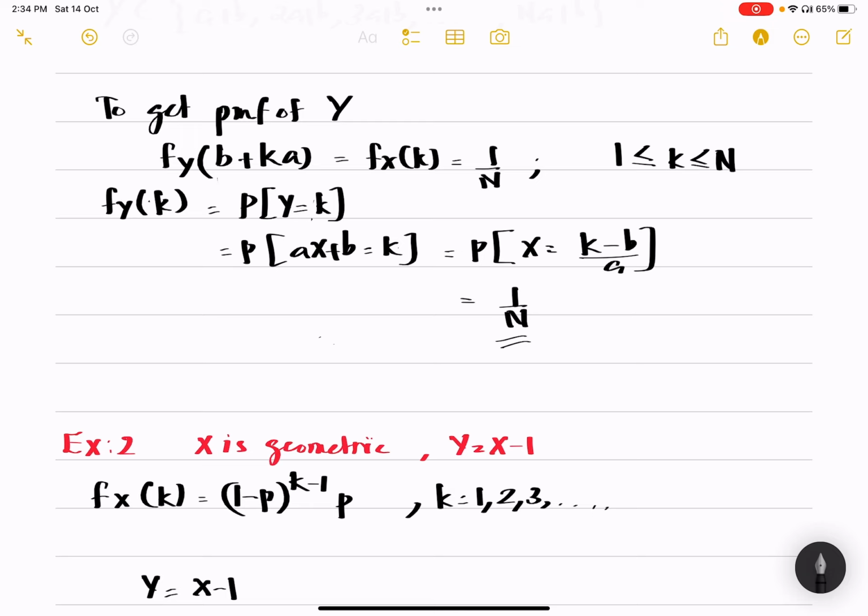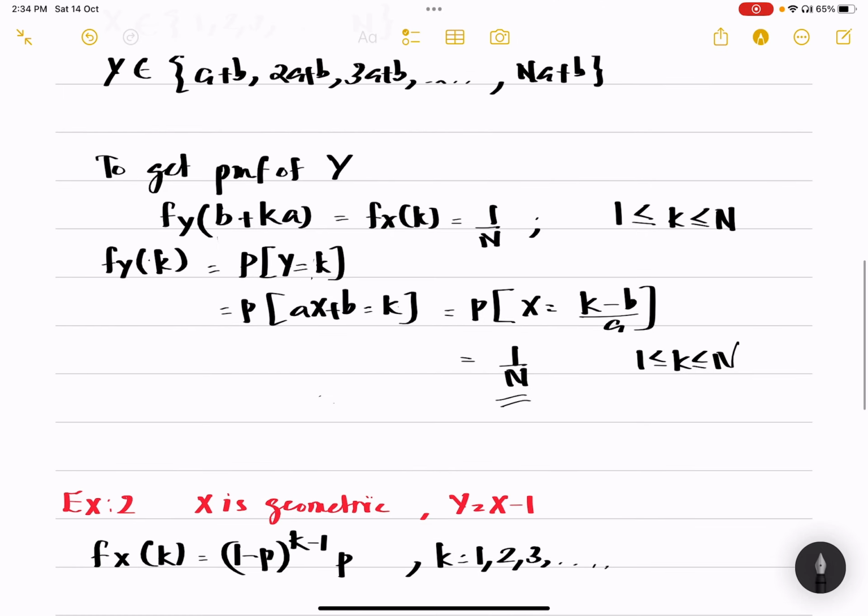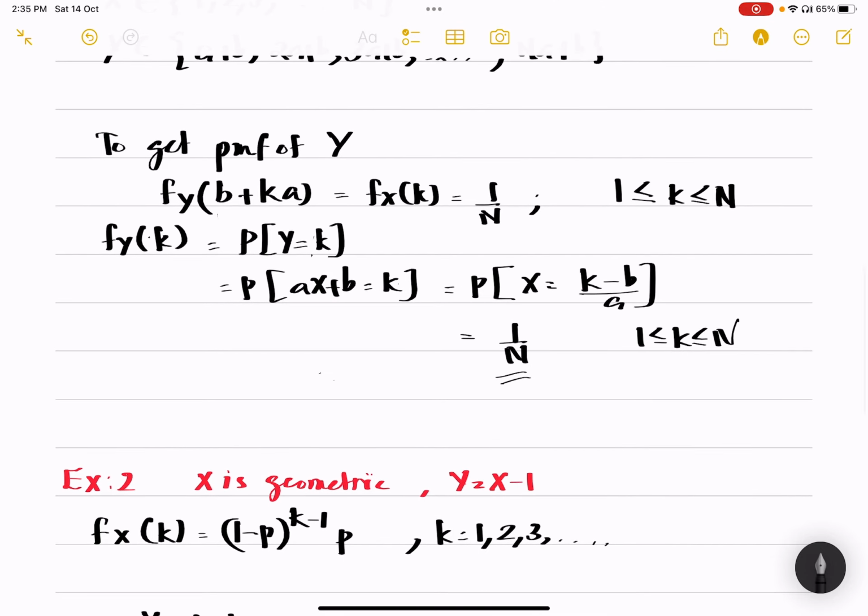In the earlier example, k can vary from 1 less than or equal to k less than or equal to n. Why? Because if k equal to 1, what is the value of y? It's a plus b.